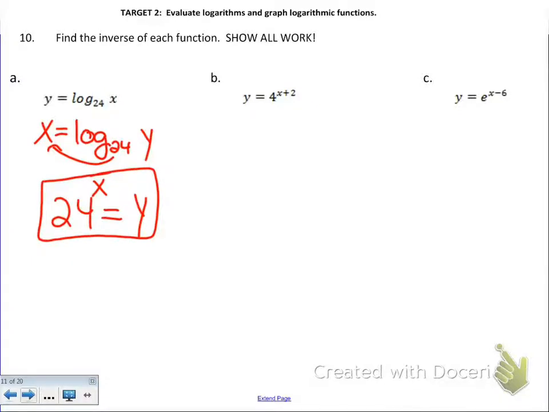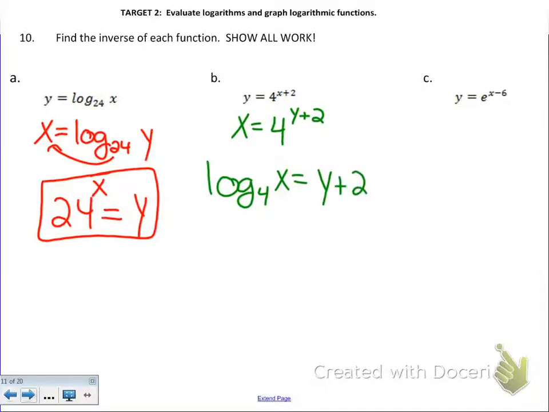Part B. Again, first step, switch the places of the x and the y. So x equals 4 to the y plus 2. Again, since this unit is on logarithms, I bet we're going to do a logarithm here. So we're going to do log base 4 of x equals our exponent of y plus 2.